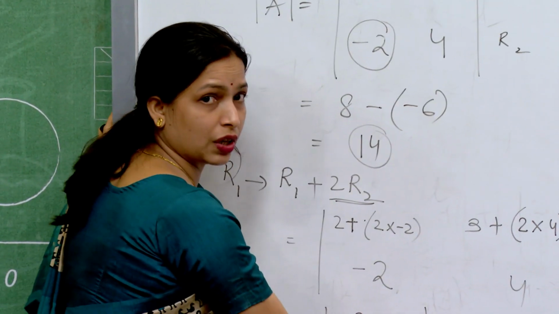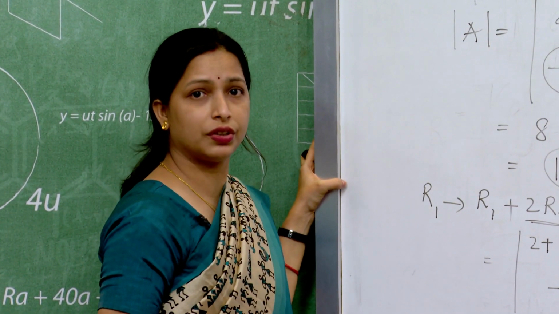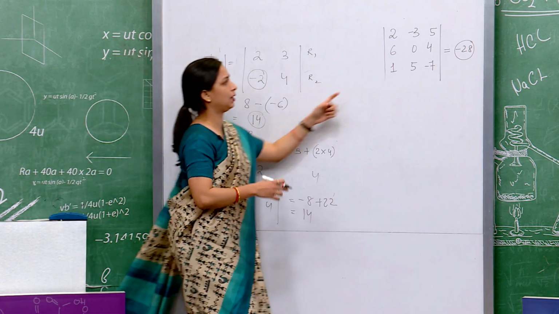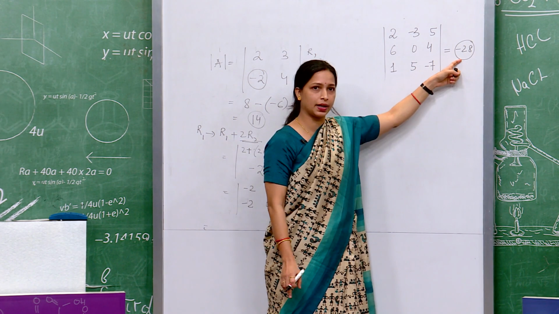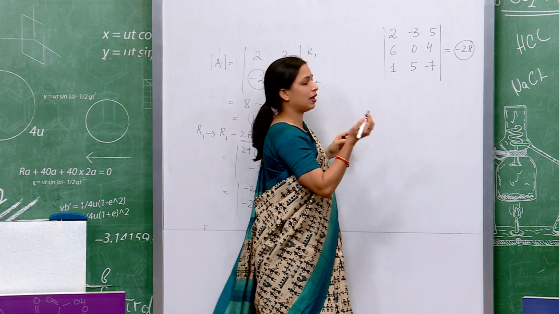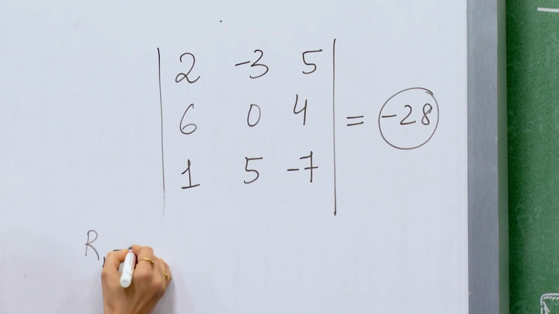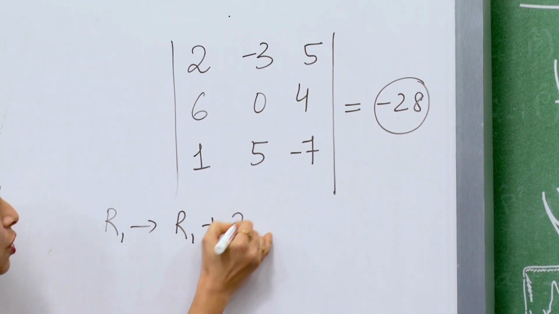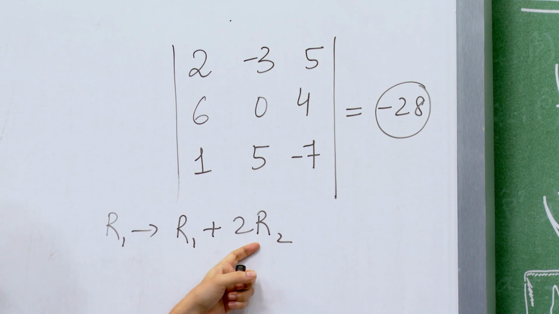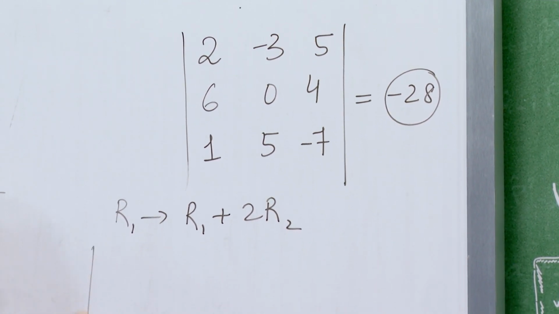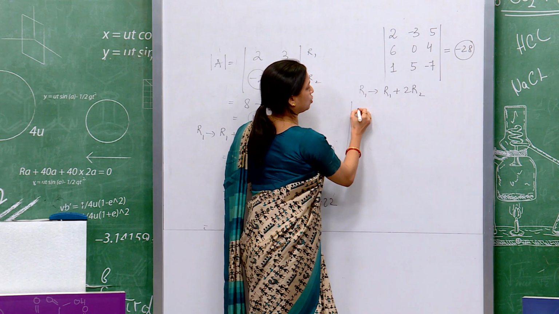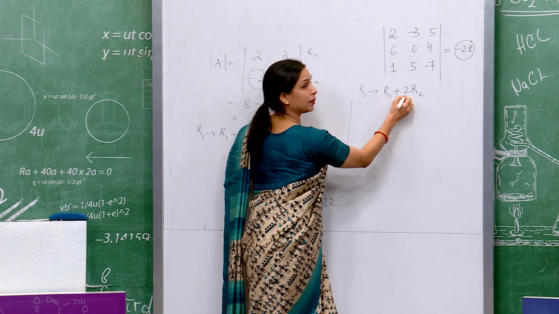Now, if we use the same property in an order 3 determinant, for example, this problem we have already discussed, we have found the determinant to be minus 28. Now, remember, if I say row 1 is row 1 plus 2 R 2, that means here I have used a multiple of an element of another row. So, if I convert it, row 1 is now row 1 plus 2 R 2.